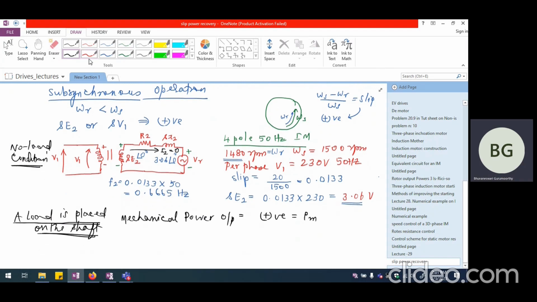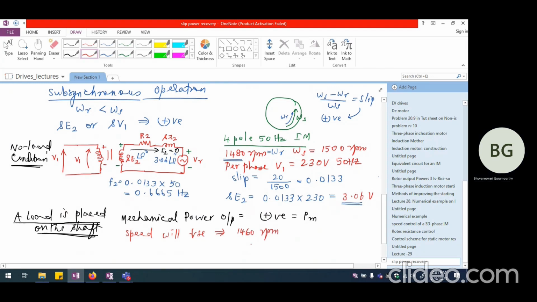So the moment you load the induction motor, the first thing that will happen is speed will decrease. So from 1480 RPM, probably it will come down to 1460 RPM or 1470 RPM. So slip is still positive, but it will increase.